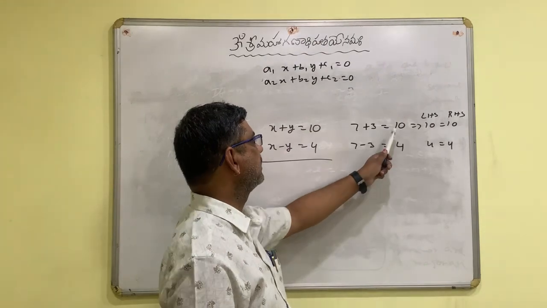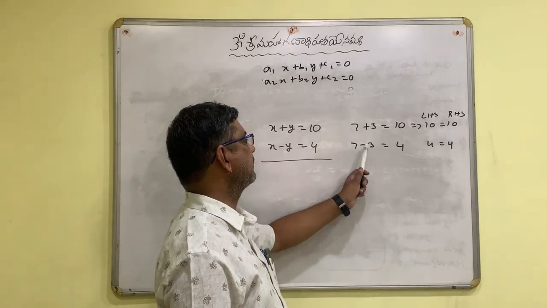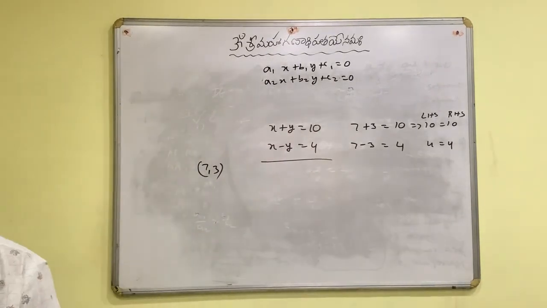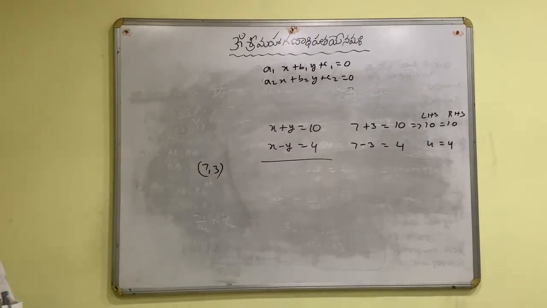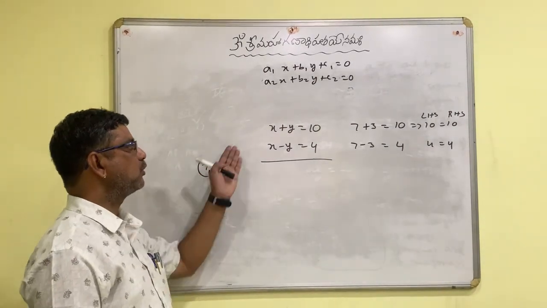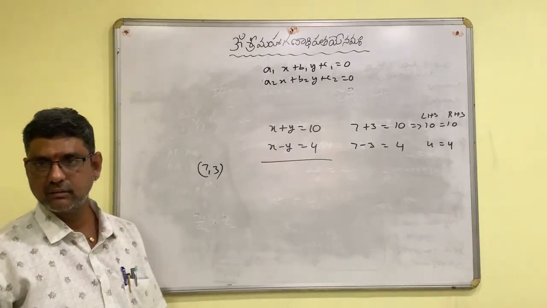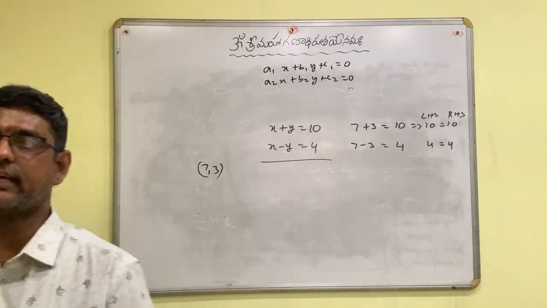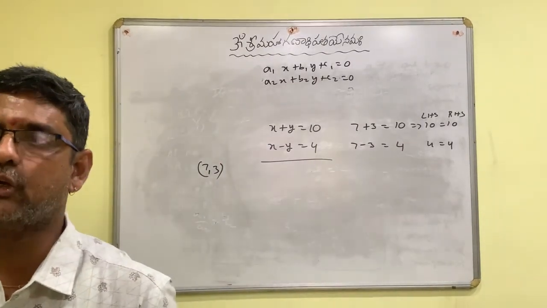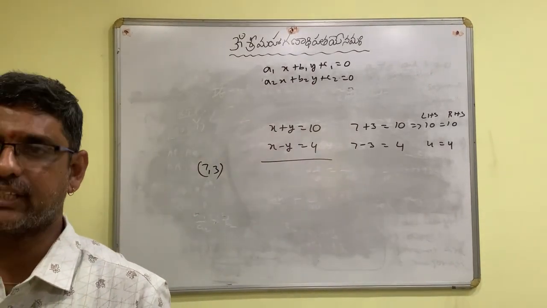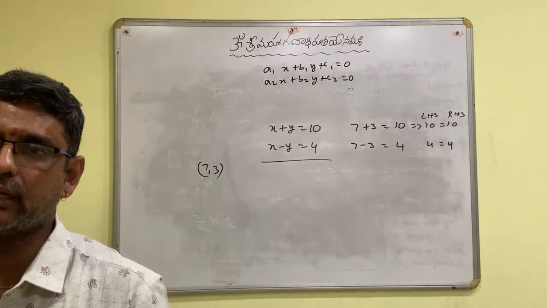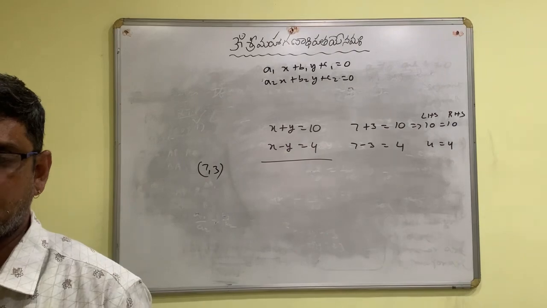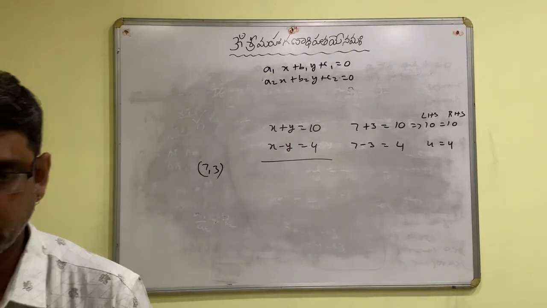LHS 7 plus 3 is 10, RHS also 10. LHS 7 minus 3 is 4, RHS is also 4. Understand? So when we substitute the common solution in both the equations, if we get LHS and RHS the same, then we can say that the solution satisfies both the equations. So it is called a common solution. Understand, children?